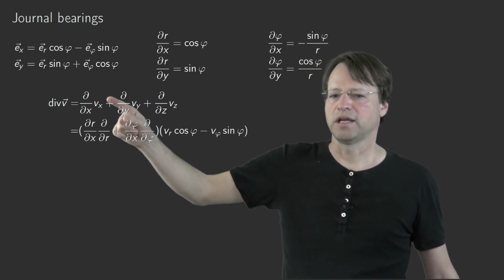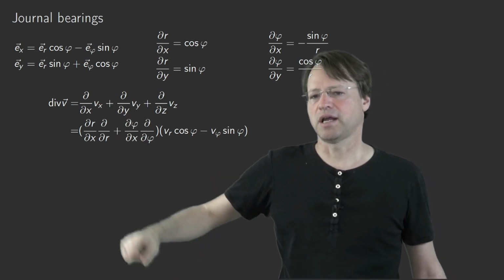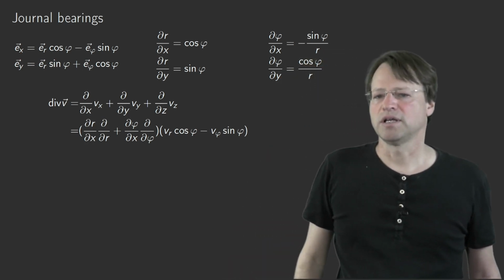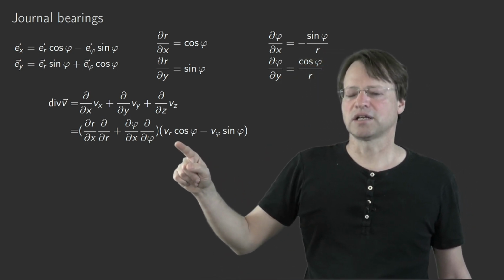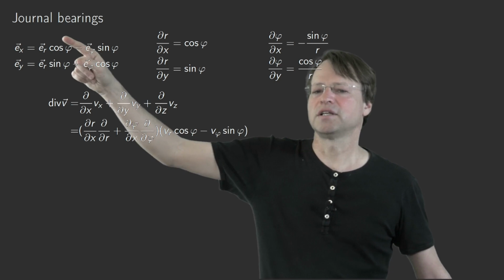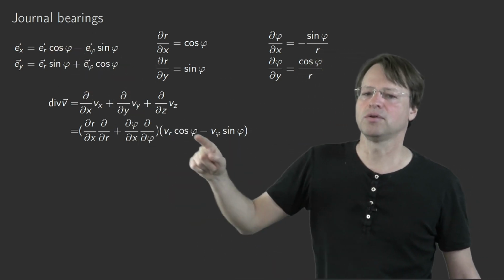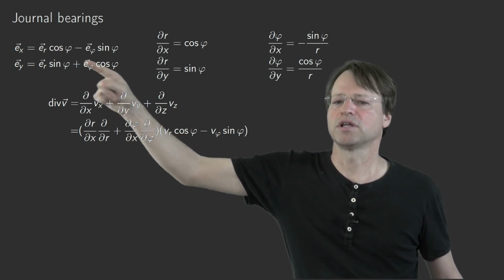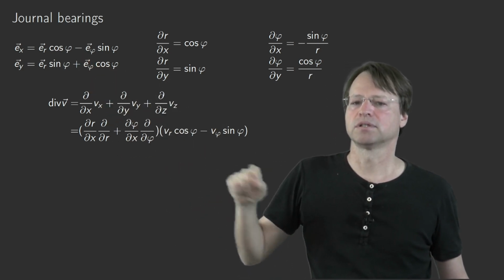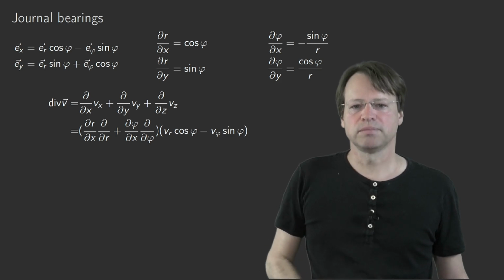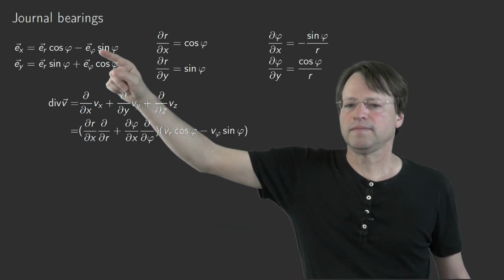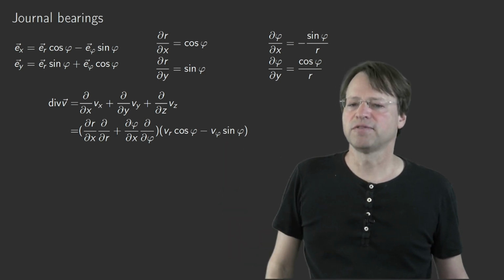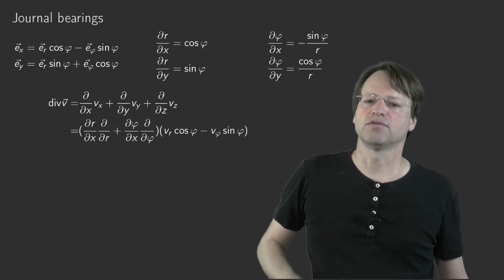If we look at v sub x, which is obtained by multiplying the velocity vector by e sub x, you can see that this is exactly what you would get from the right hand side of e sub x, namely you get the projection on e sub r, or v sub r, and you get the cosine of phi here. Finally, for the second term, you get velocity vector times e sub phi, which yields then v sub phi, and you have the sine phi.